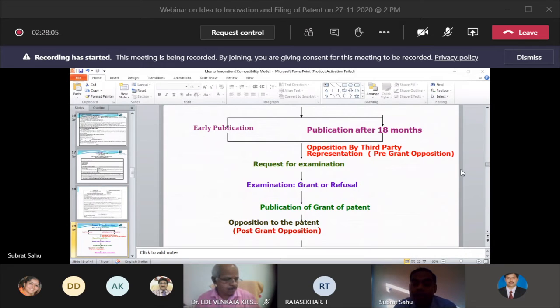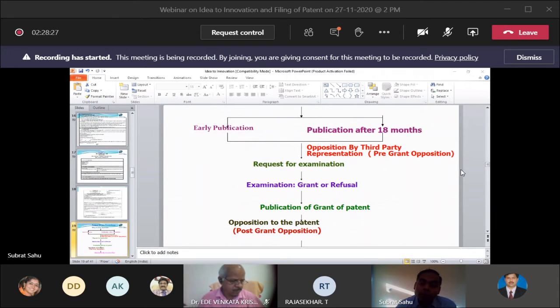Suppose somebody else takes your idea and files the patent before you, and you come to know after publication of that particular application that it is your idea, that somebody has taken it from you and published it in the Indian Patent Journal. What will you do?